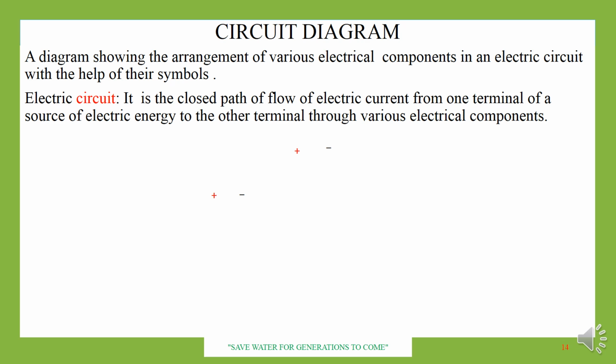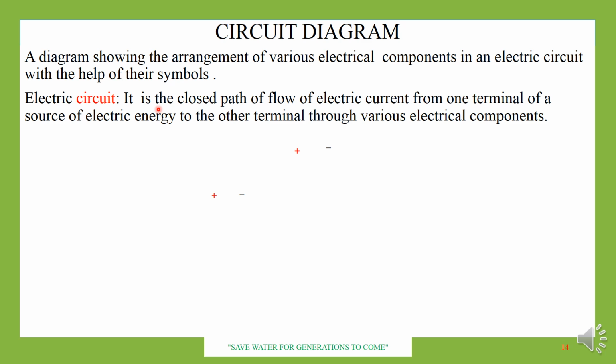So we use their symbols. A diagram showing the arrangement of various electrical components, whose symbols we have discussed, in an electric circuit with the help of their symbols is known as a circuit diagram.